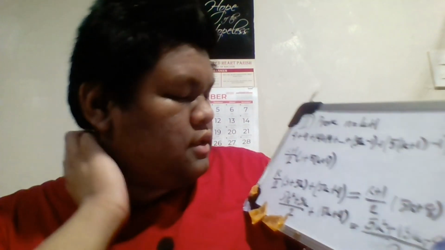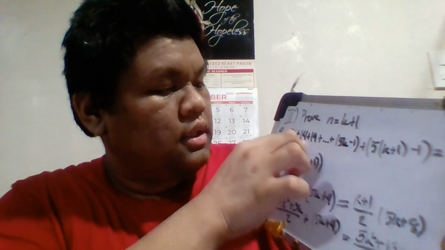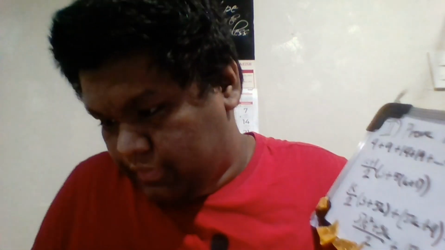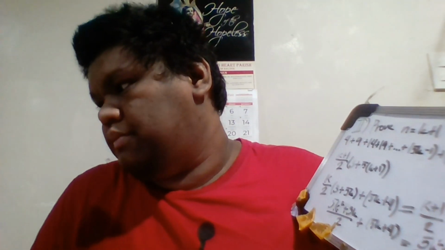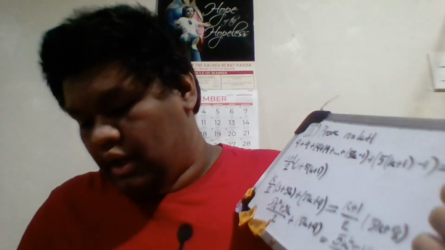Then we can deduce that this part is equal to k over 2 times the quantity 3 plus 5k, since we assumed that n is equal to k.